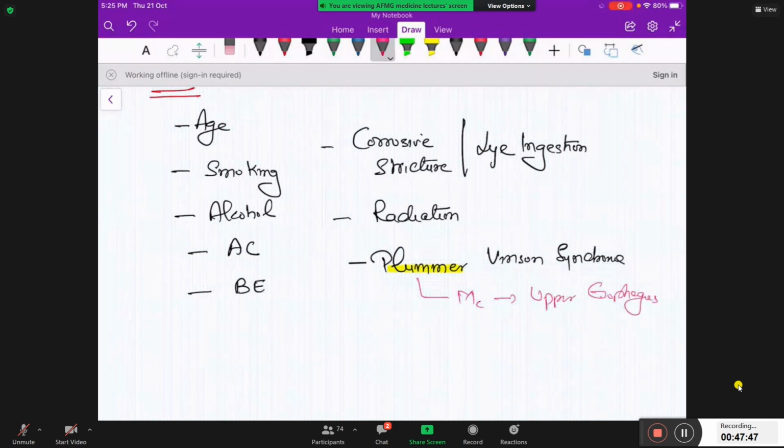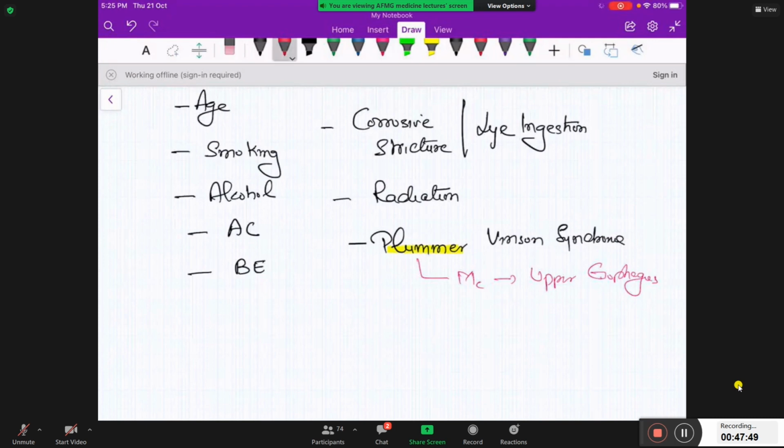This is important here. And then the protective factor is also important. One protective factor which we have to remember. It's a question which they commonly check also.